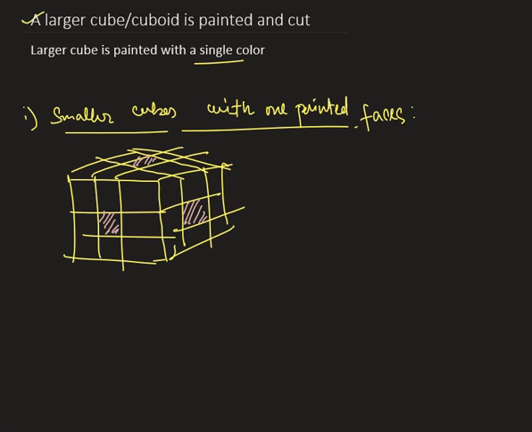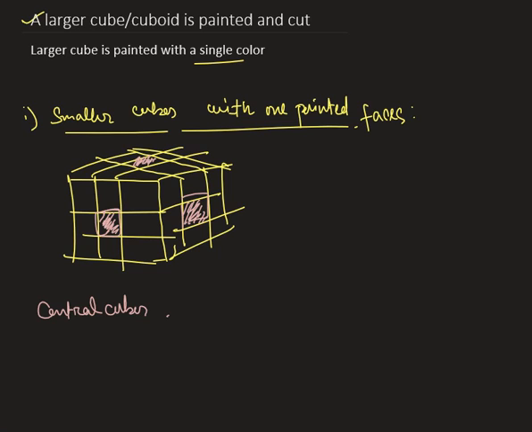Smaller cubes with one painted face are nothing but the central cubes, and they are neither attached with any edges nor corners. As you can see, these portions are neither attached with any edges nor in any corner, and this is defined as brown color.